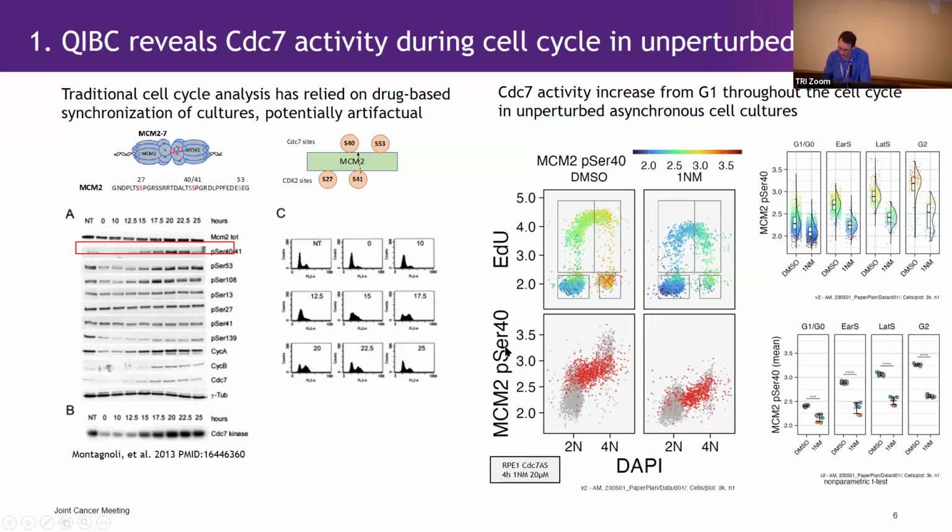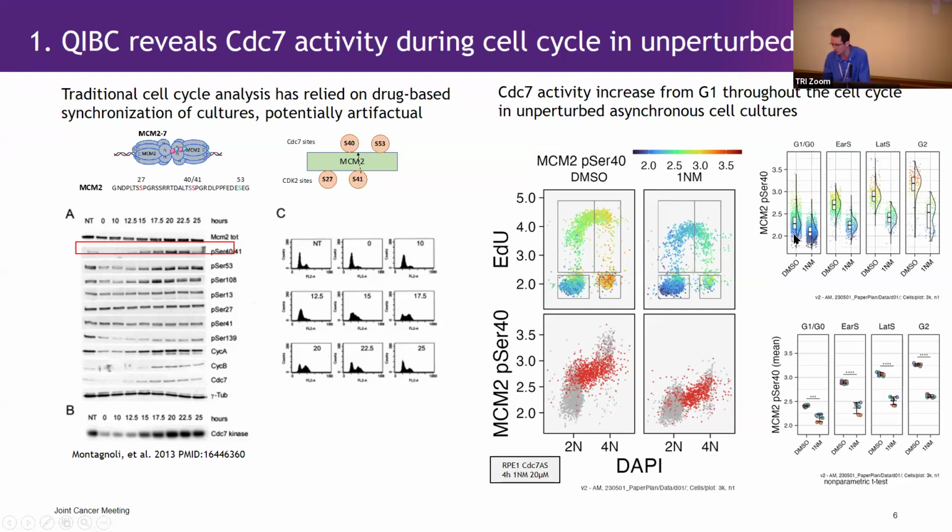We can check these intensities as a function of DAPI, and we can see the decrease in the whole population. The beauty of this is evaluating the subpopulations. We can gate the subpopulations and interrogate how the phosphorylation, the activity of these kinases, changes in the cell cycle. This is just an example.